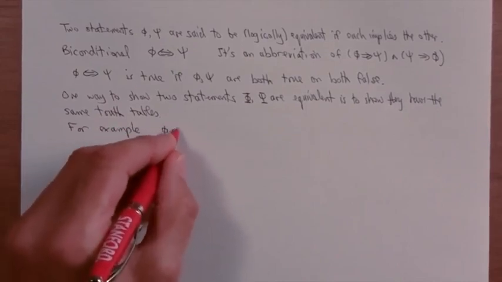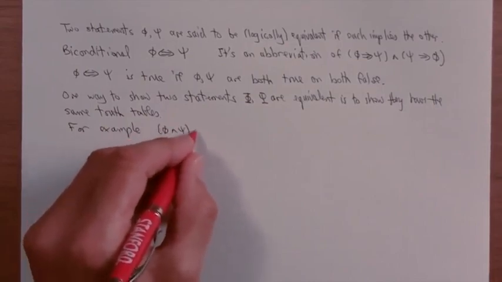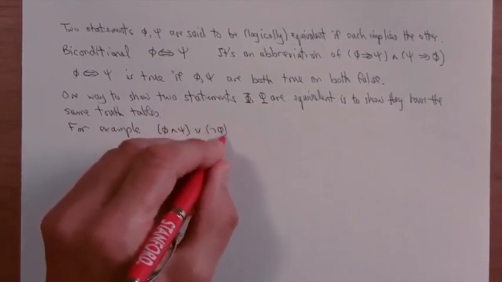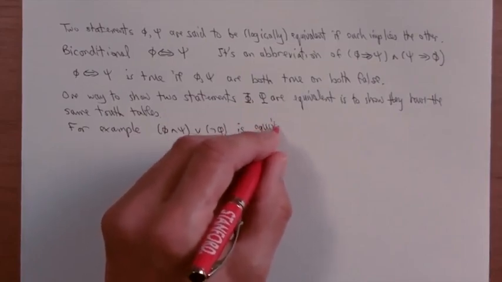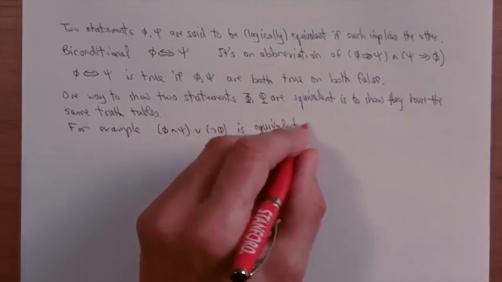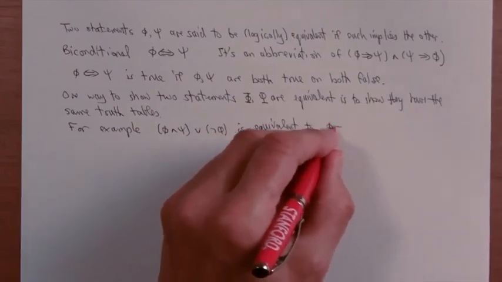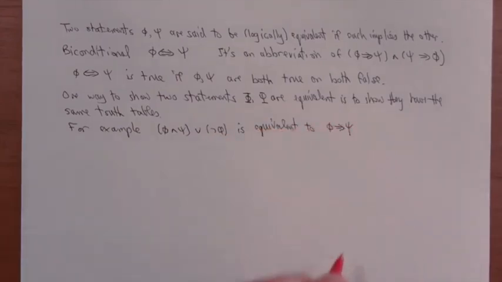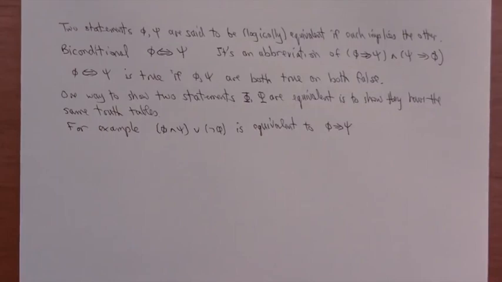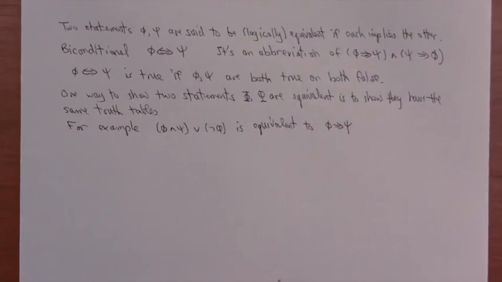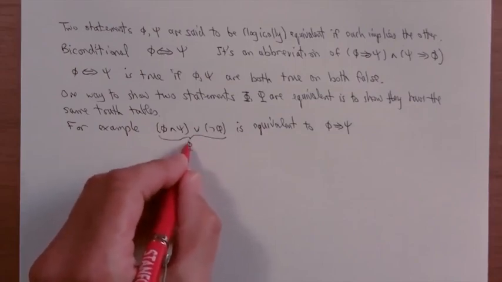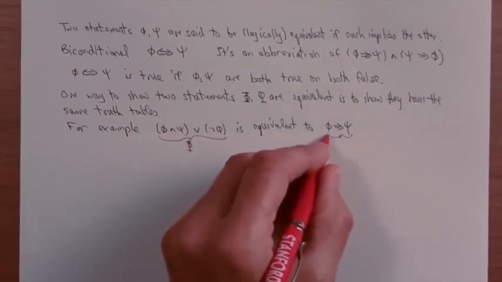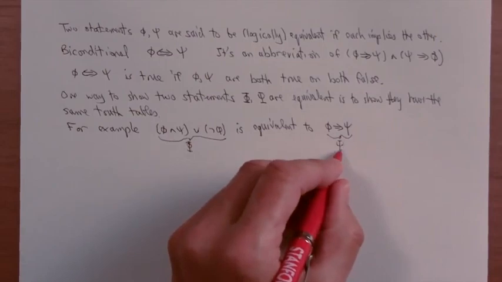I want to show that phi conjoined with psi, or not phi, is equivalent to phi conditional psi. So this is actually going to be my capital Phi, and this is going to be my capital Psi.